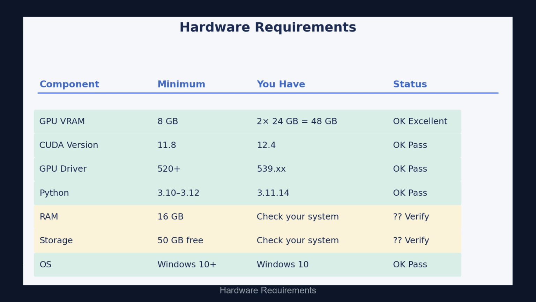Python requires 3.10 through 3.12. The 2 items worth double checking on your own machine are RAM and storage. The recommendation is 16 gigabytes of system RAM and 50 gigabytes of free disk space. Models and datasets take up more room than you'd expect. Make sure you have that headroom before the next lesson.